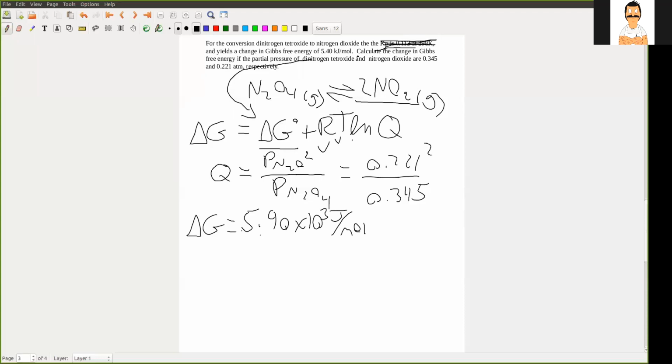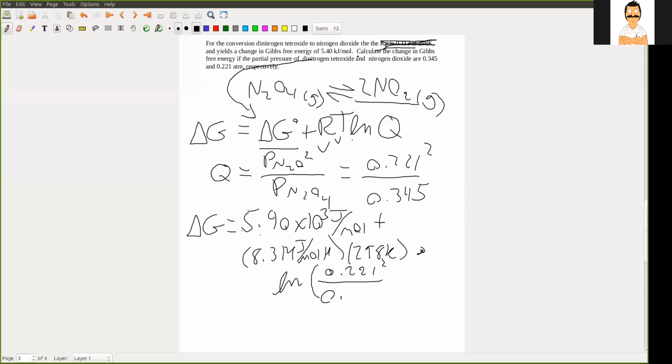And then we're going to add to it our 8.314 joules per mole Kelvin times 298 Kelvin times, put a little dot here, carry it to the third line, natural log of 0.221 squared over 0.345.